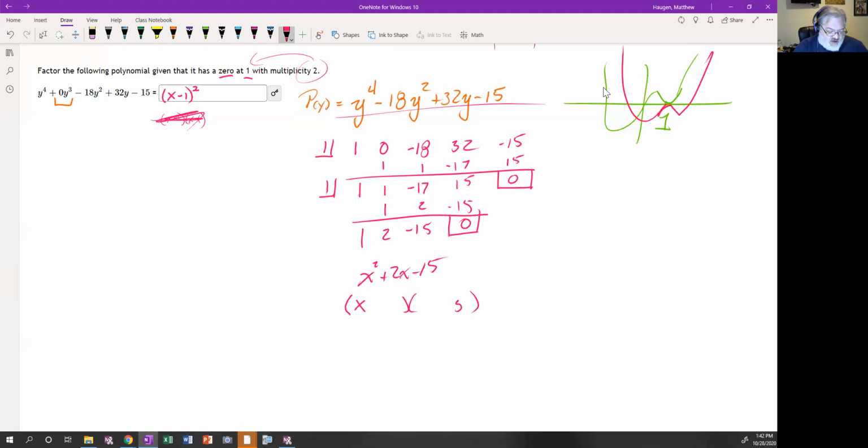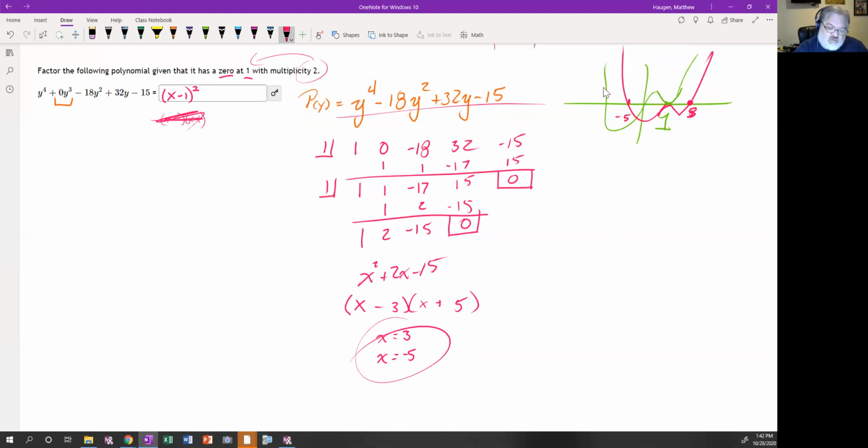But that would be a 5 and a 3. The 5 would have to be positive, the 3 negative. So that's going to give us an x equals 3 and an x equals negative 5. Now, we didn't really want those, but I wanted them because I wanted to know which of these graphs it was, and I thought it was this one.